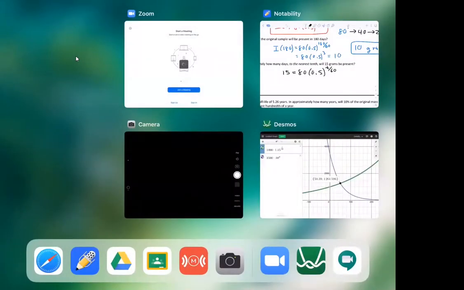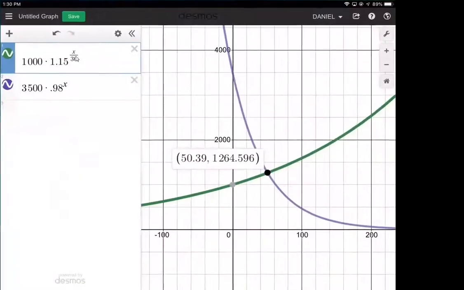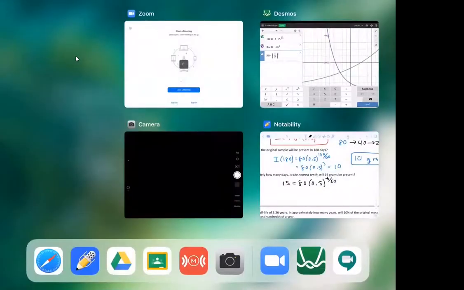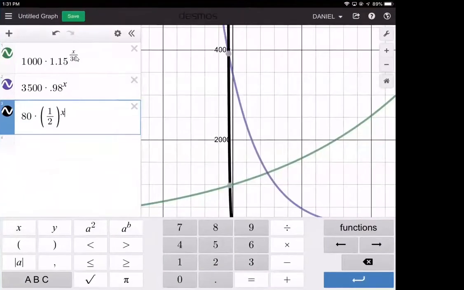So I'm going to graph that real quick. 80 times a half raised to the, what was the power again? t/60, x/60.